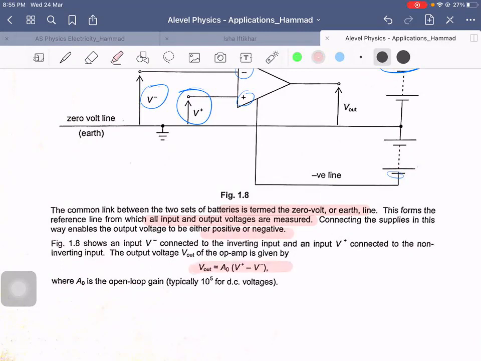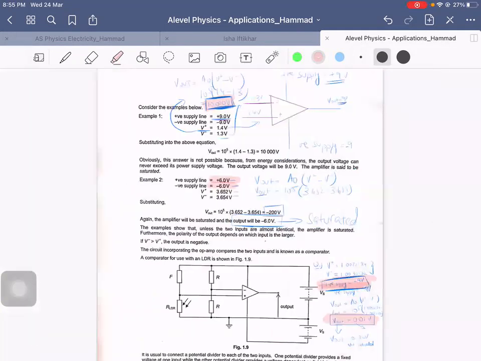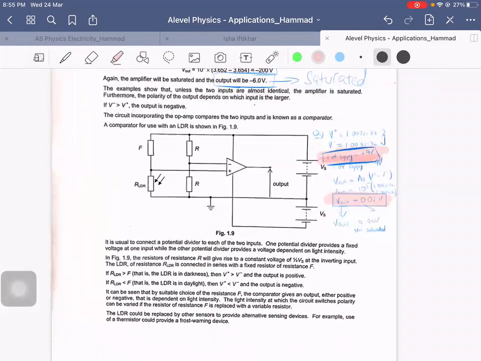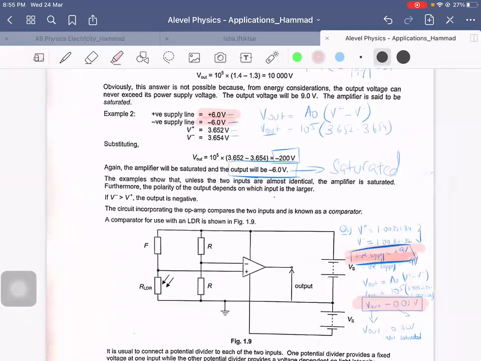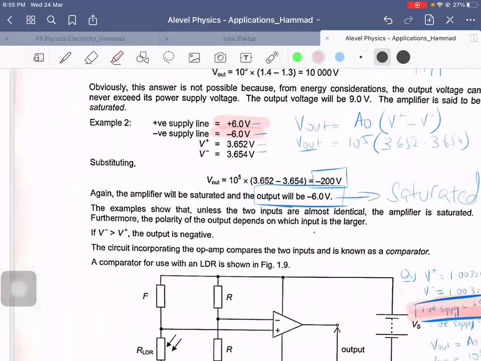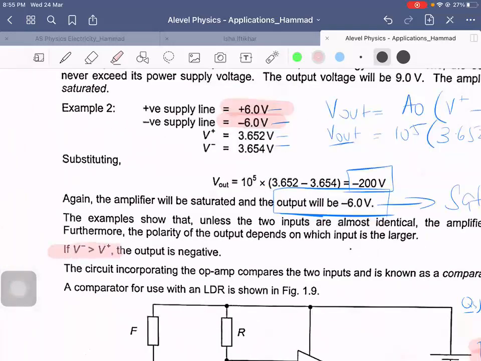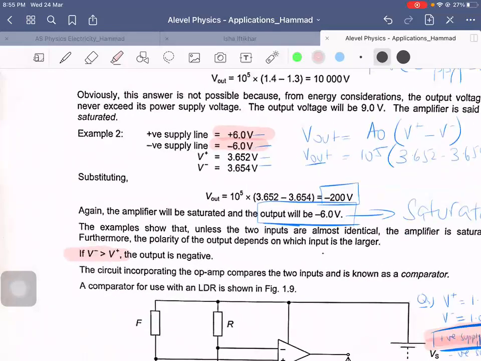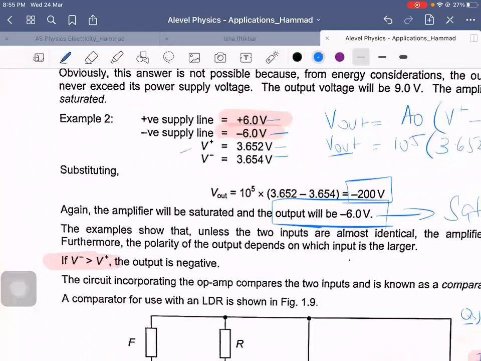This is an important formula. A naught is the open loop gain, which is 10 to the power of 5 for DC voltages. Right? You need to understand that if the V negative value, the input at the negative terminal, is greater than the V positive value, your output becomes negative, and vice versa.